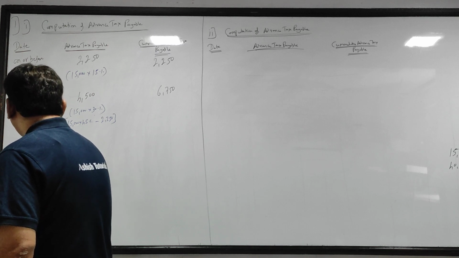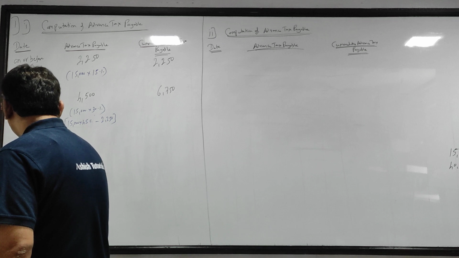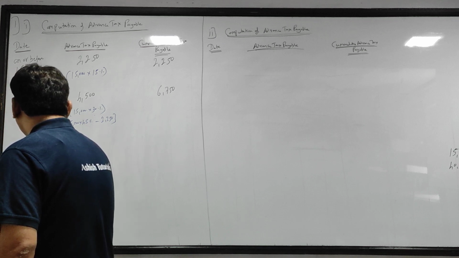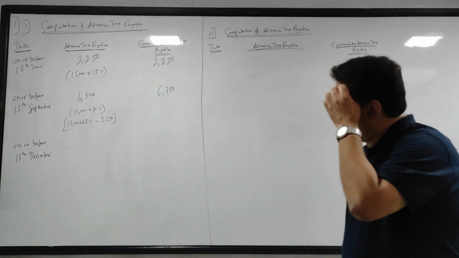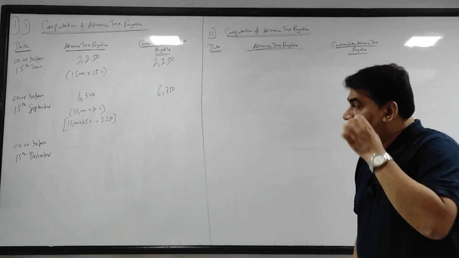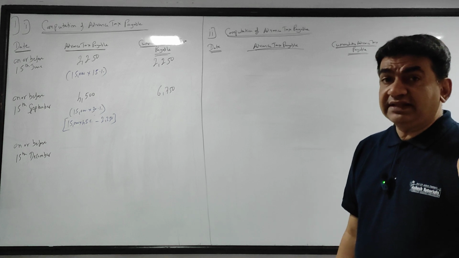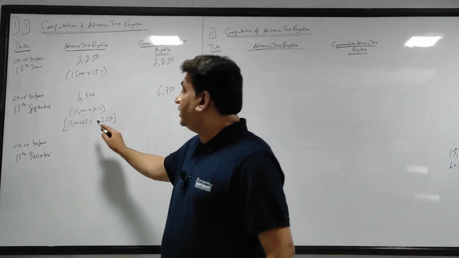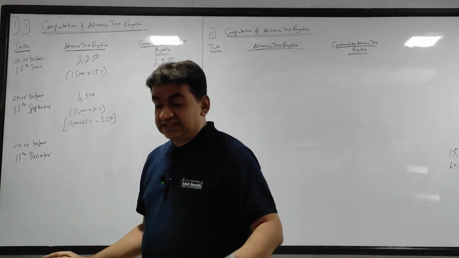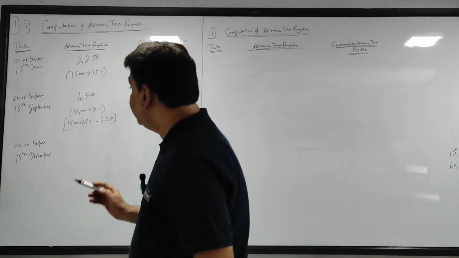After this, next is 15 December. So on or before 15 December. On or before 15 December, 75%. Already 45 paid till here. So 75 minus 45, again 30%.